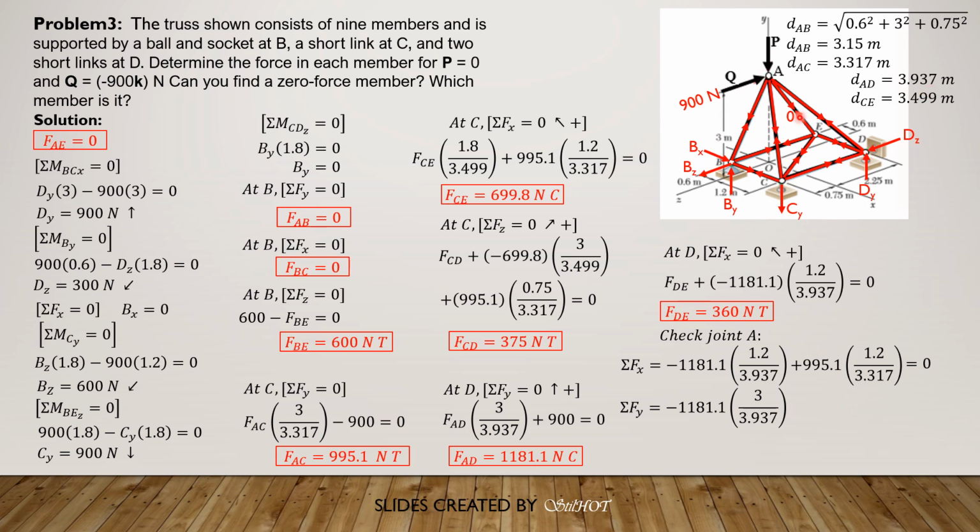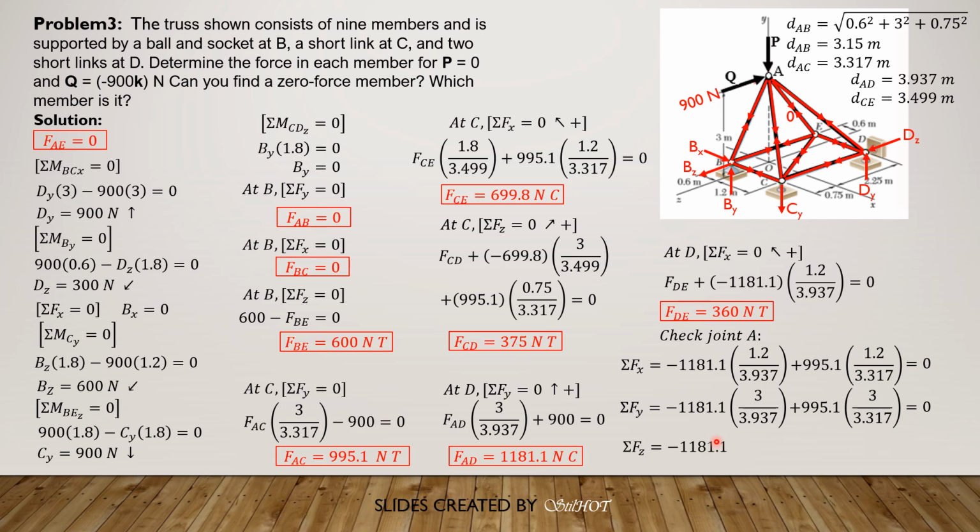Take note, FAB and FAE are zeros, so there are only two forces to be considered. So plus FAC, 995.1 newtons, times 1.2 divided by 3.317, the distance. Then if we evaluate that, that's 0.